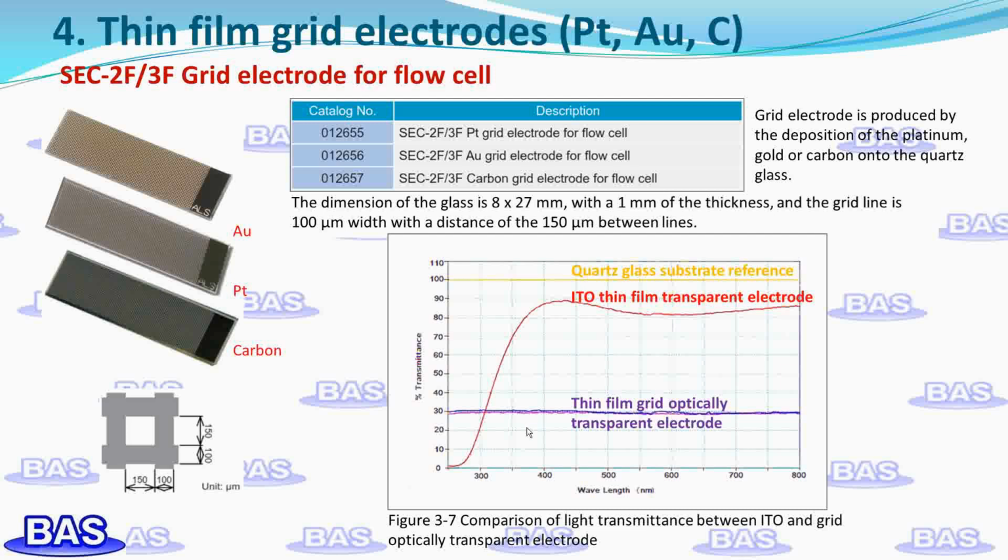However, the transmittance of visible light with a wavelength of more than 400 nanometers can reach more than 80%. In comparison with the quartz glass substrate as the optical reference, the overall light transmission of the grid electrode is only about 30%, but it can be used in the UV wavelength range.